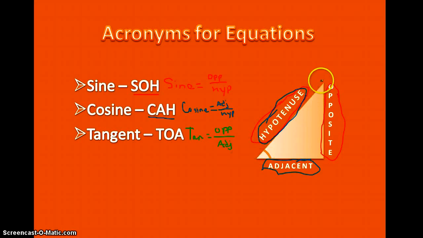So that would be opposite divided by adjacent, which gives us tangent equals opposite over adjacent, which gives us SOH, CAH, TOA. So that is how we will remember these things.